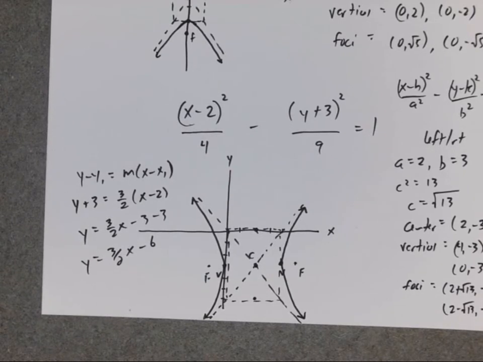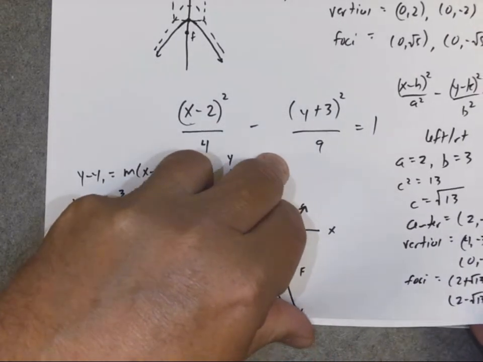Now, let's look at a couple variations. You may see problems like this where they give you information and they want you to come up with the equation. For instance, I say here's a hyperbola.